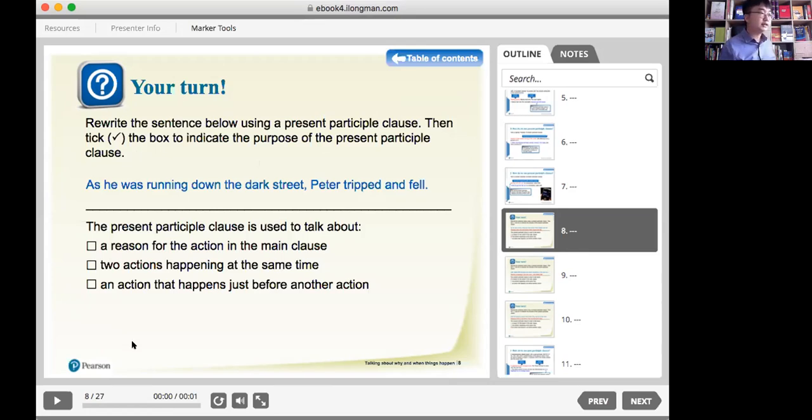Okay, this is the answer. Running down the dark street, comma, Peter tripped and fell. Describing two actions at the same time, right? If you get the correct answer, congratulations.